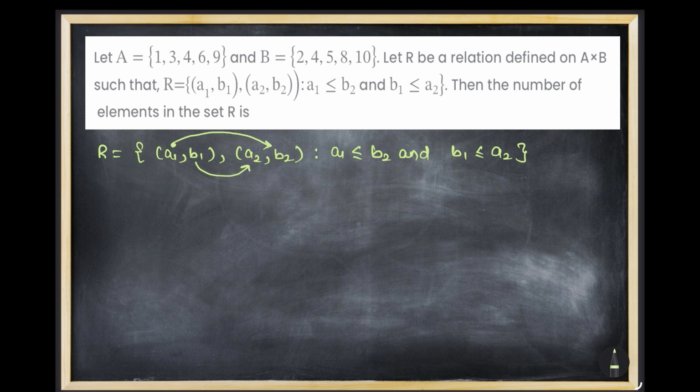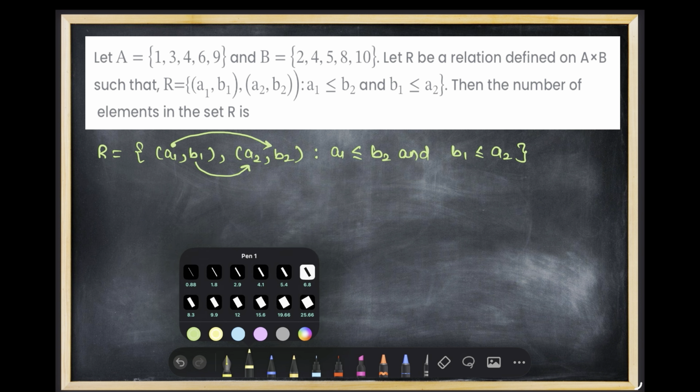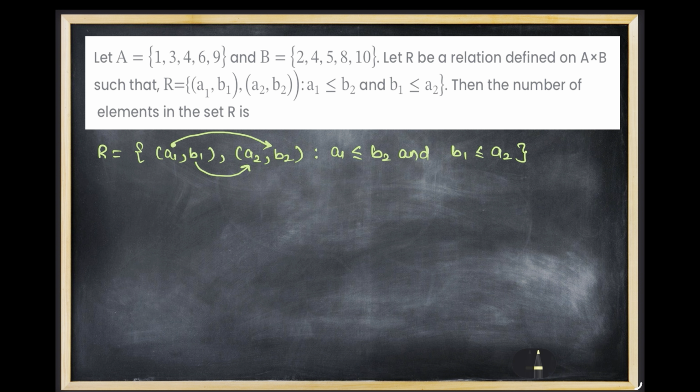So look at this: a1 connected with b2, b1 connected with a2. First I will focus on one part, and here you have to apply the concept of the principle of multiplication, permutation and combination a little bit. So the required number.